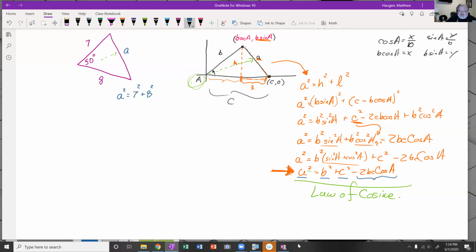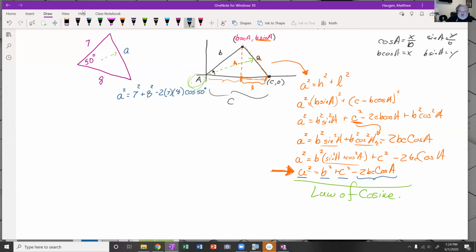So it starts like Pythagorean theorem, but it adds this little modifier for it not being a right triangle. So it's kind of the Pythagorean theorem fixed or extended.